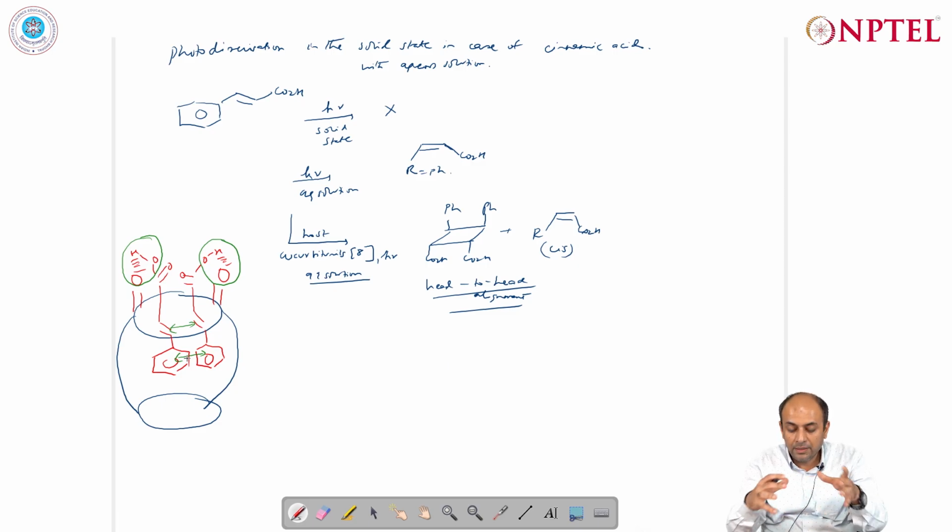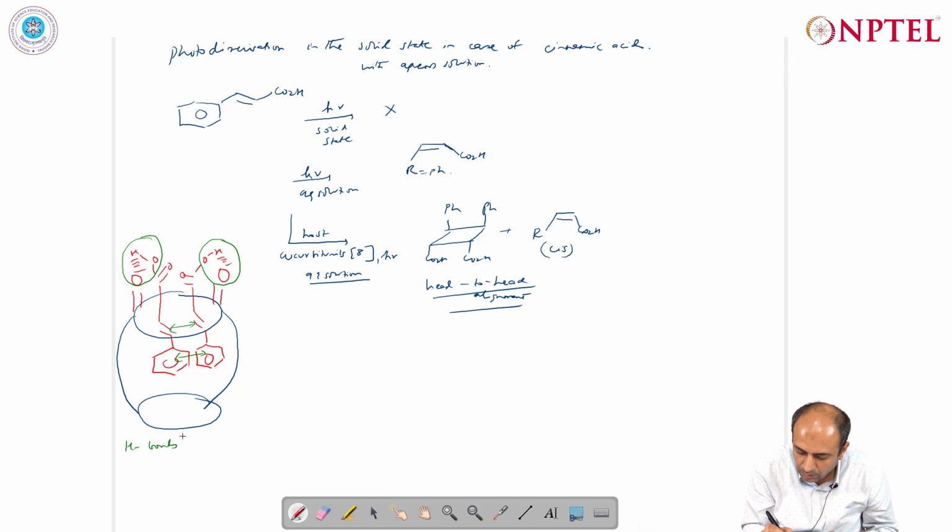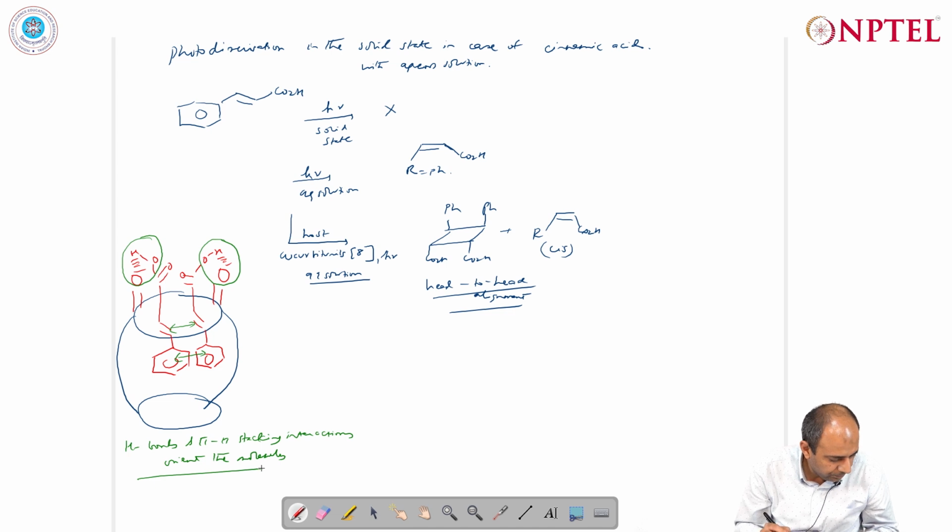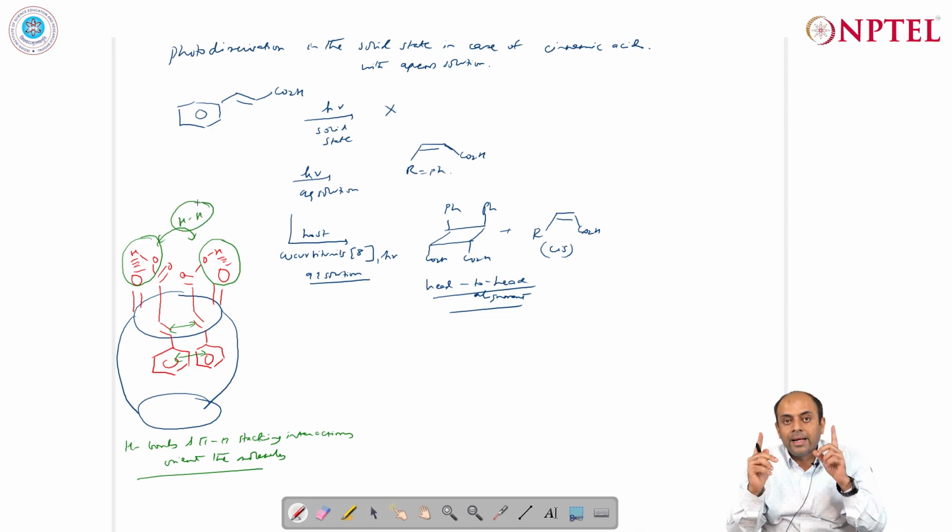Now, see this very nice architecture. Both hydrogen bonds and pi-pi stacking interactions orient the molecules, which now promote the head-to-head alignment of the molecules.